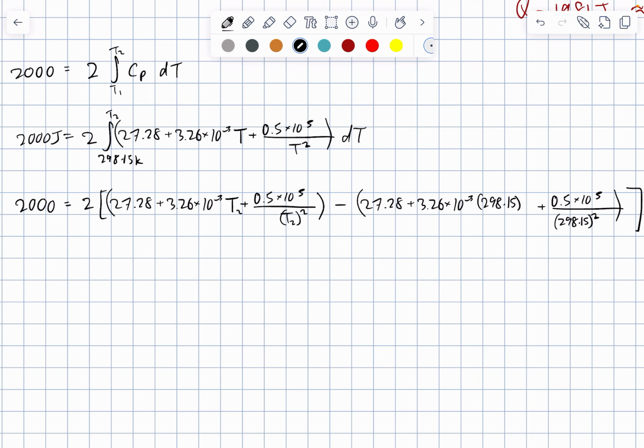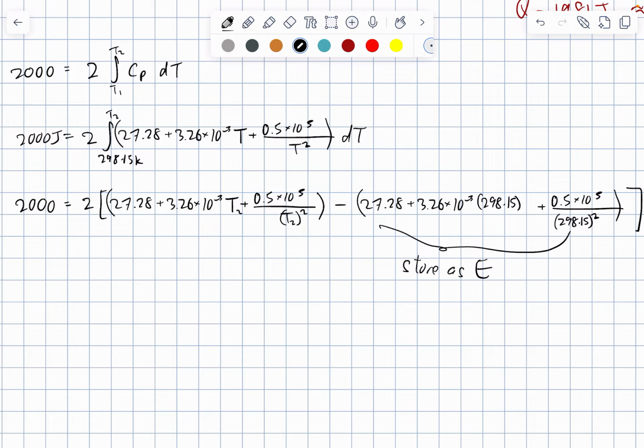How do we do this now? I think we can store this as E. Let's store it as E: 27.28 plus 3.26 times 10 to the negative 3 times 298.15 plus 0.5 times 10 to the 5th over 298.15 squared.